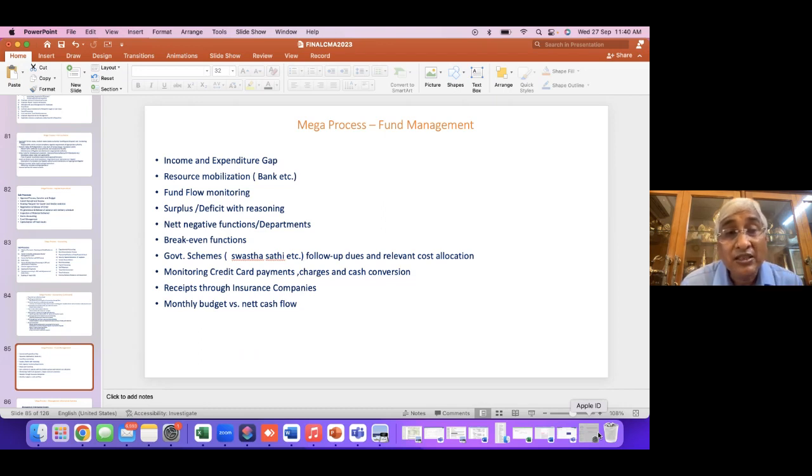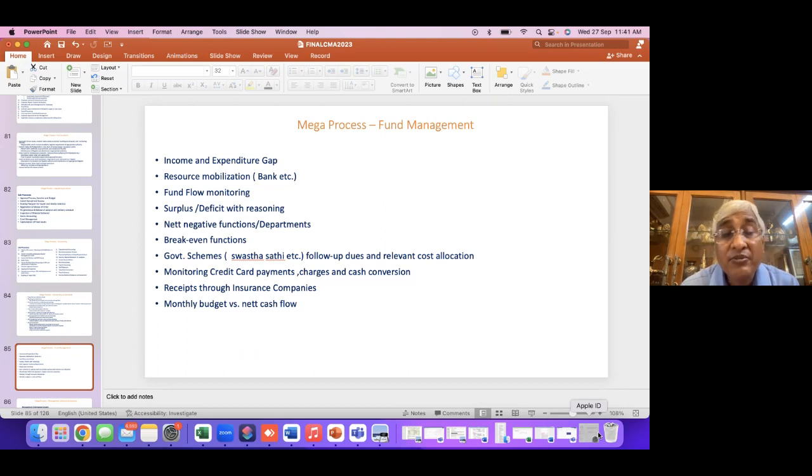All these departments are appropriately funded for their equipment, and also the revenue which is generated from the new equipment. There should again be an MIS, or appropriate monitoring for the same surplus or deficit with reasoning, break-even points for different activities, so that whether the continuity of the same in the future will happen or it will be discontinued.